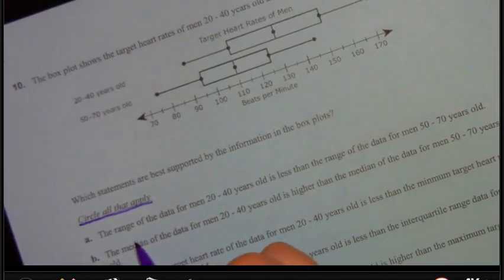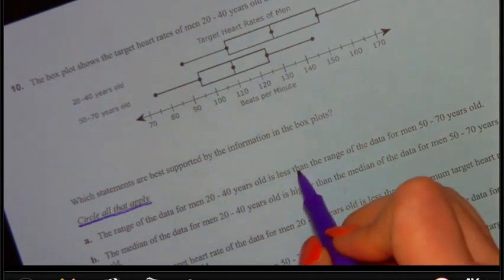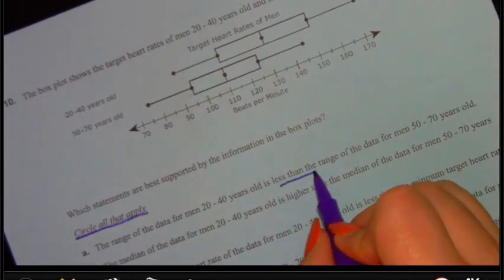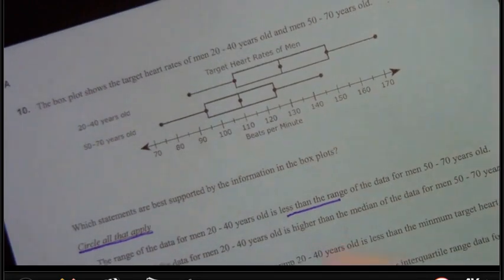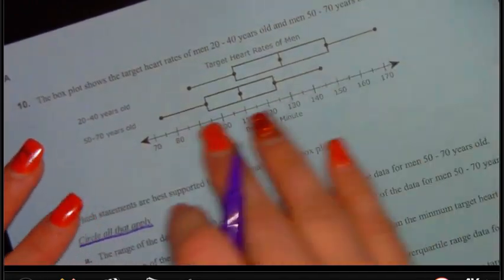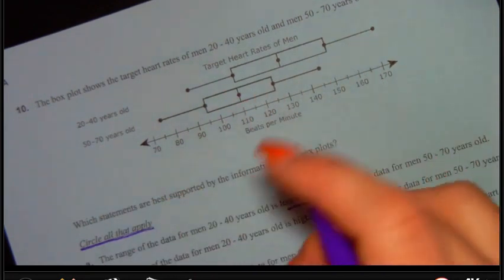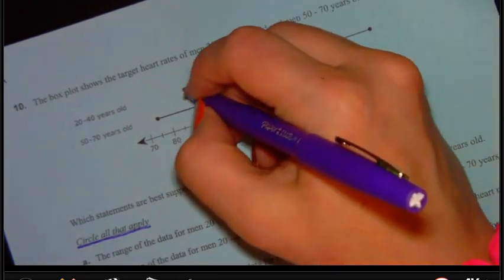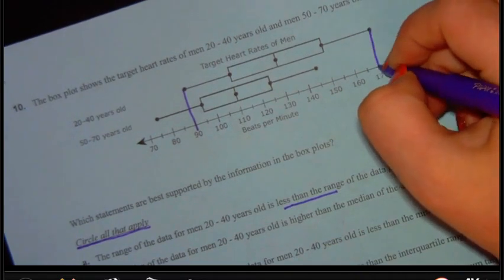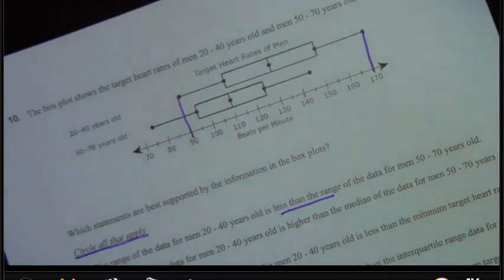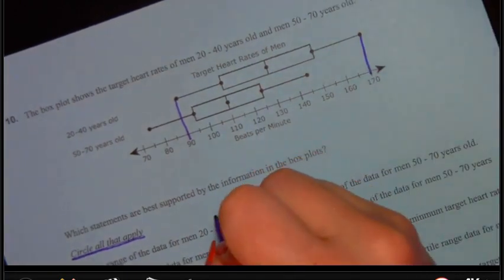We got to check. The range for the men of 20 to 40 is less than the range for the men 50 to 70. All right, so we can kind of see the spread here, but we can also use some numbers too. So I've got 90 and 170. So if I take 170 minus 90, using my handy dandy calculator, the range for 20 to 40 is 80.